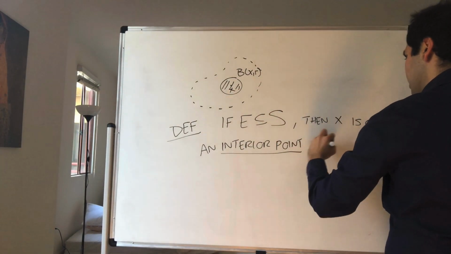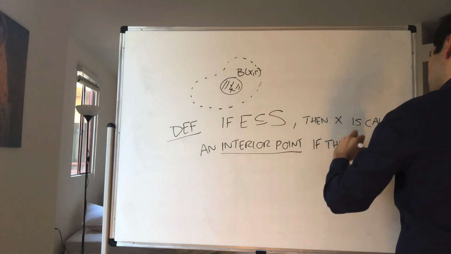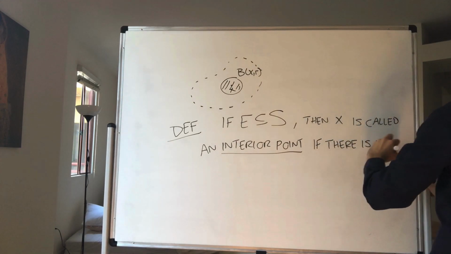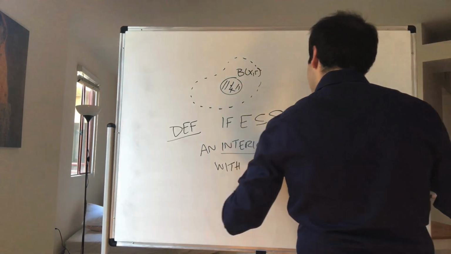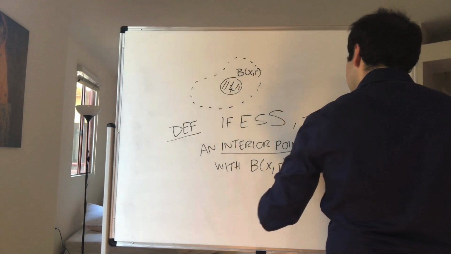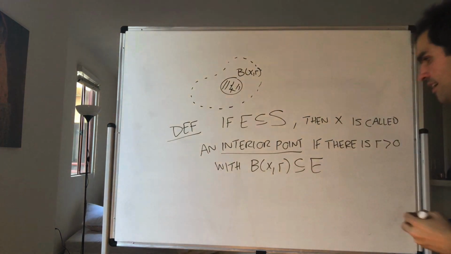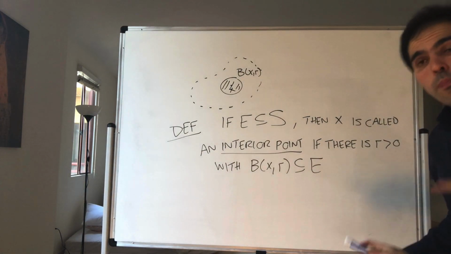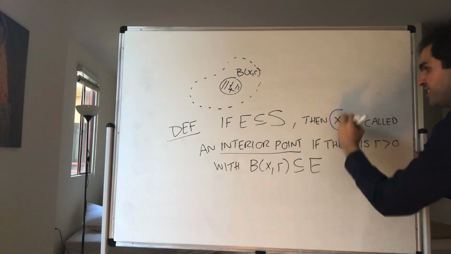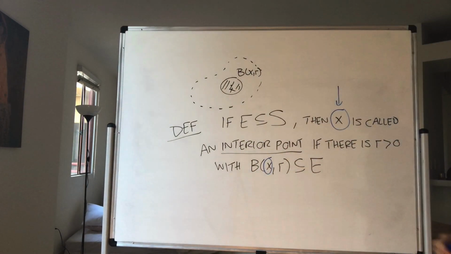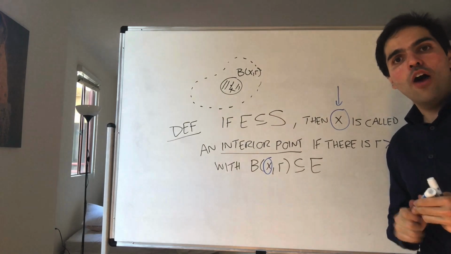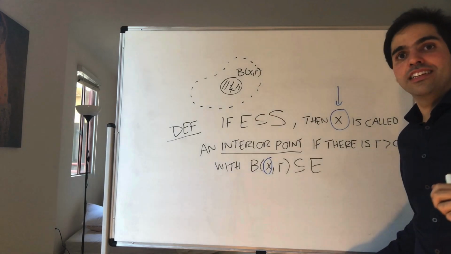So if there is r positive with B(x, r) included in your set. So it's like openness, except it's specific to this point. So we're fixing x and we're asking, is there a ball around x that's in your set?